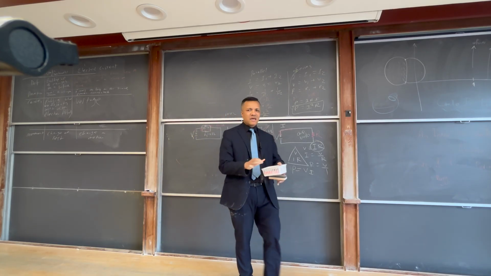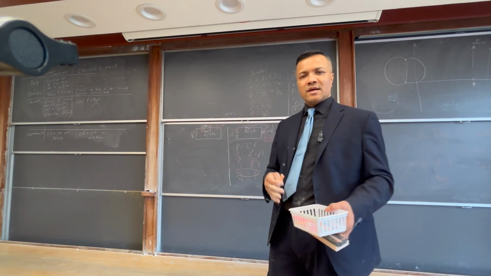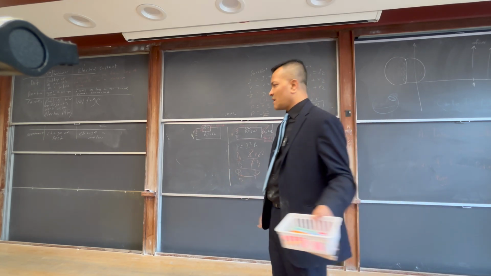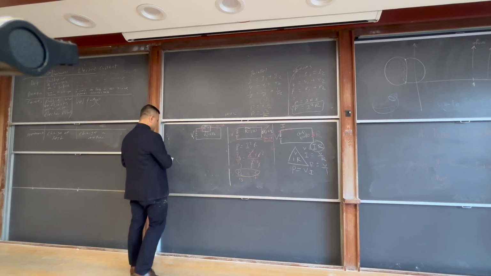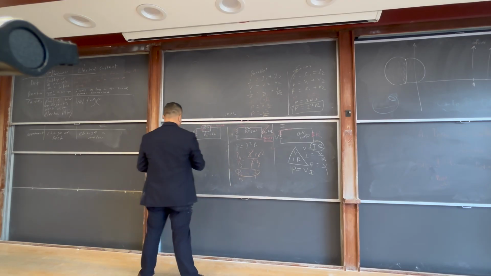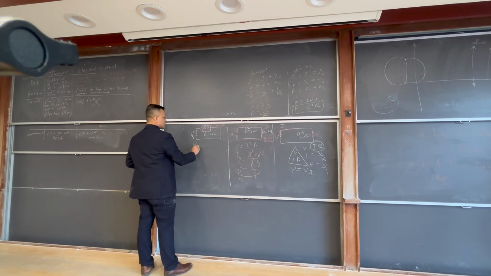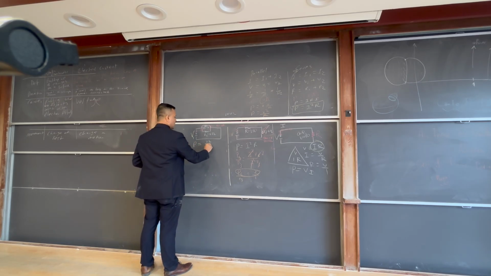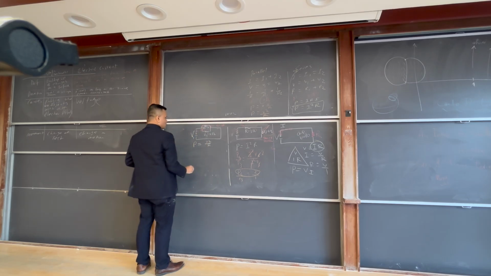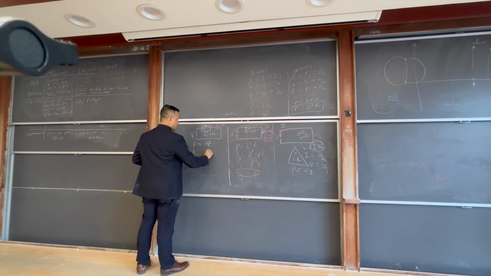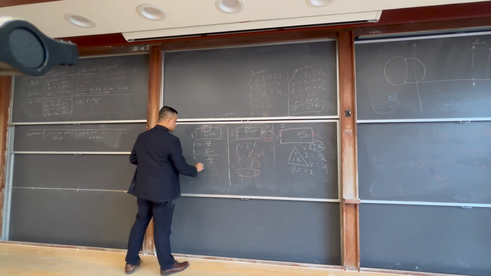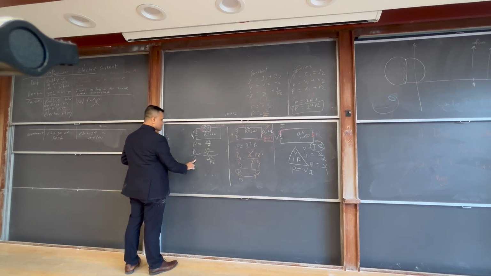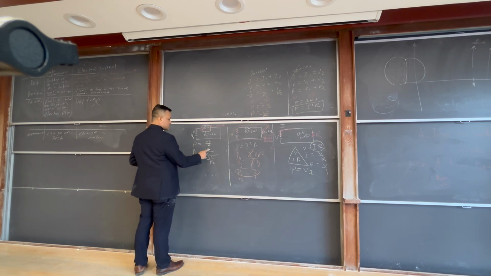In a few seconds, we're going to mathematically prove that this is actually true. And when we say twice, we tell you the exact amount. How are we going to do that? By, of course, using the power equation for parallel. The power equation for parallel is P is equal to V square over R. How many bulbs? 2. So you're going to say P1 over P2 is equal to V square over R1 over V square over R2, where the resistances are 6 and 3.